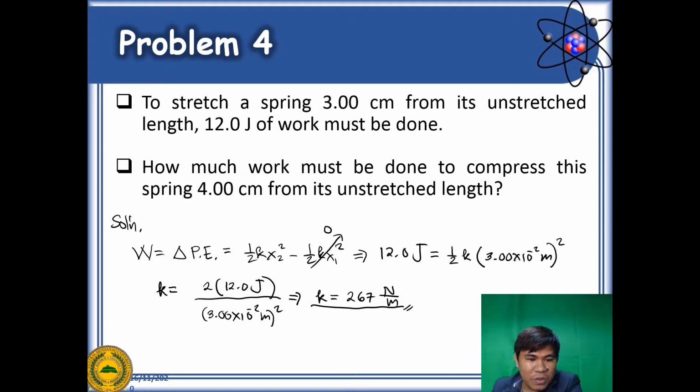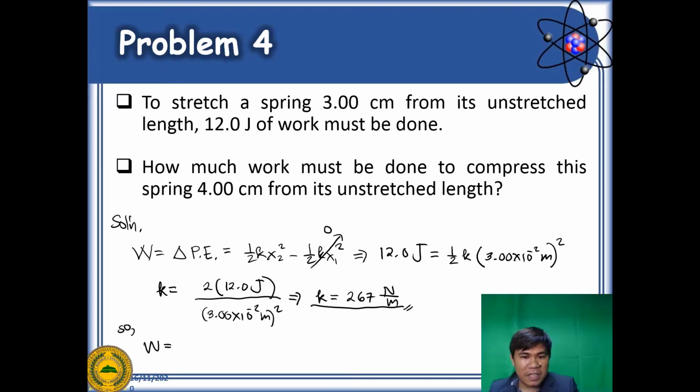So what we are going to do is to use the same equation. Now in this case, the unstretched is still the case wherein the spring is in its relaxed position.